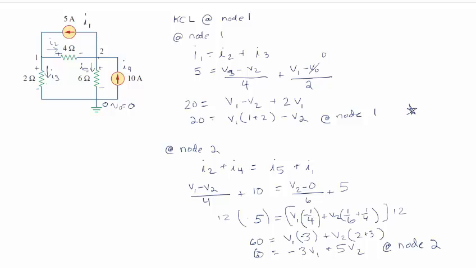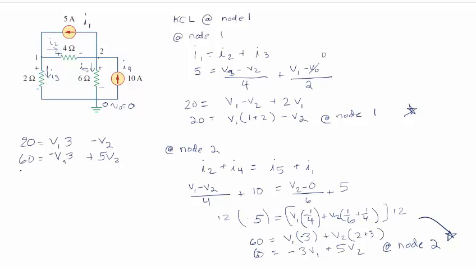So I now have 2 equations and 2 unknowns. That's one of them, and the other one was 60 equals... so 2 equations, 2 unknowns.